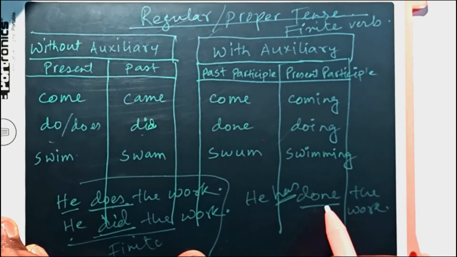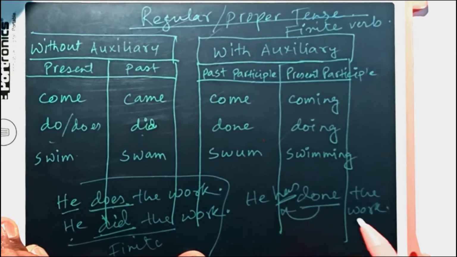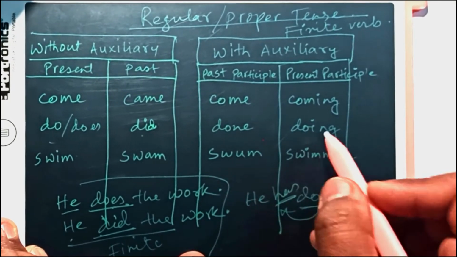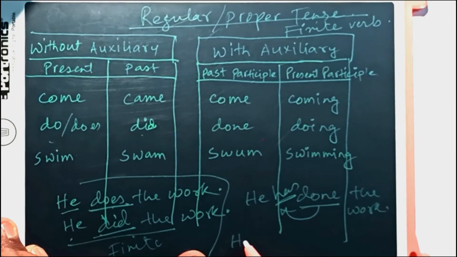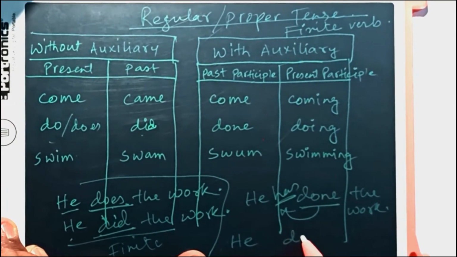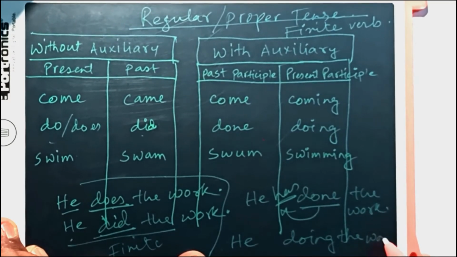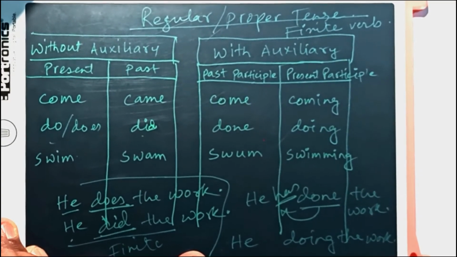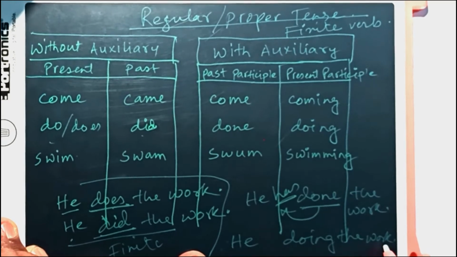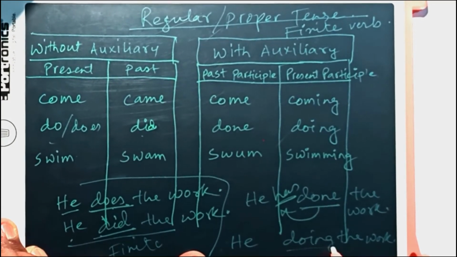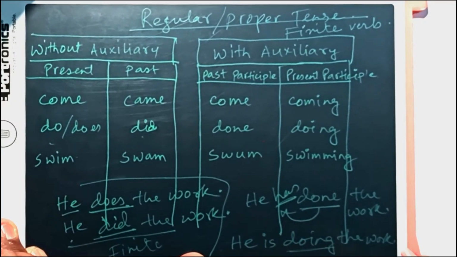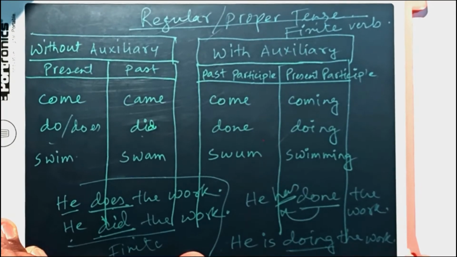So before the past participle form, we must have one auxiliary verb. Or suppose we write he doing the work. It is nonsense. Okay, it is not a correct sentence. So when we need to make this word sit correctly in the sentence, we must have one auxiliary verb here. He is doing the work, then it is correct.